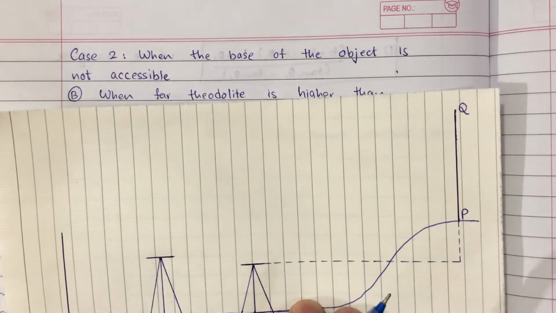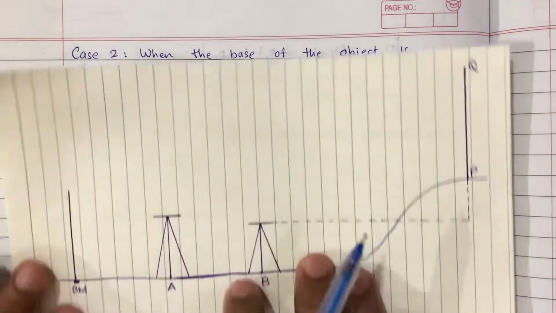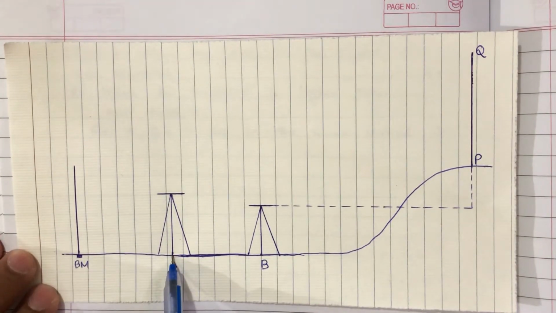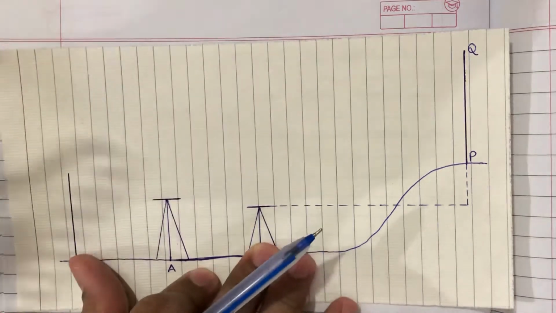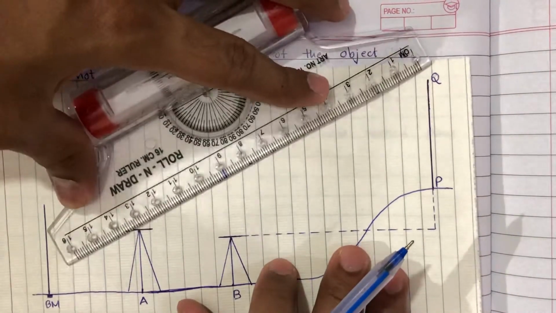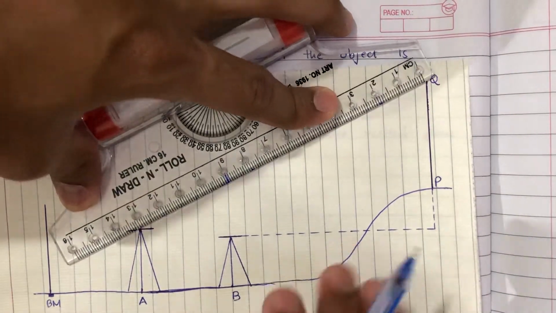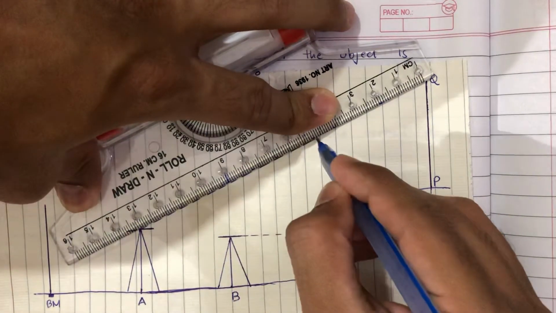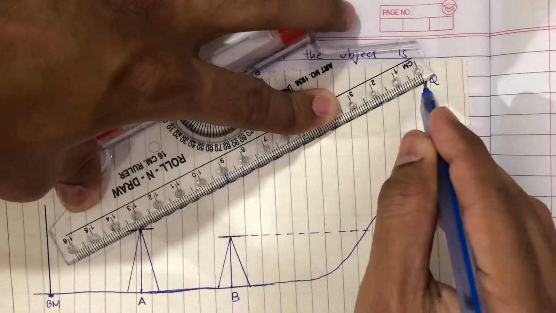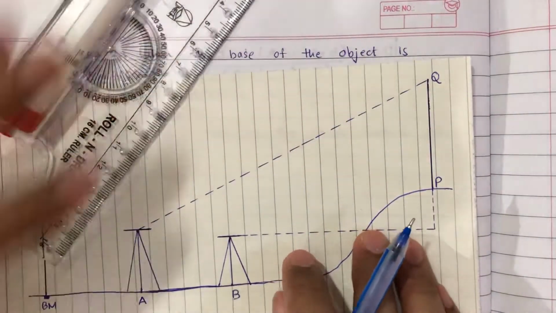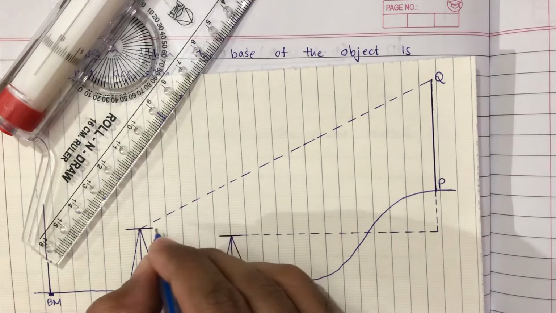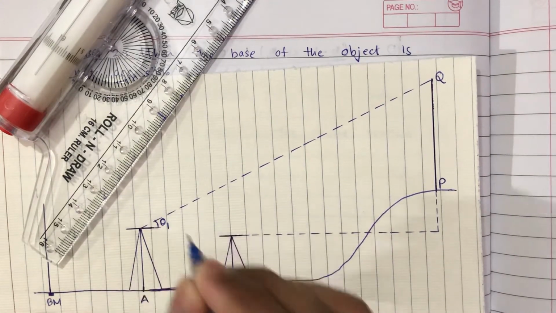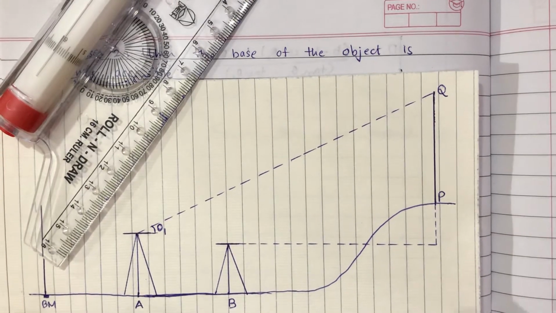Now here, suppose first the instrument is set up at this point A and the angle of elevation is taken to this point Q, the top of the tower. Suppose this angle of elevation is given as theta 1.